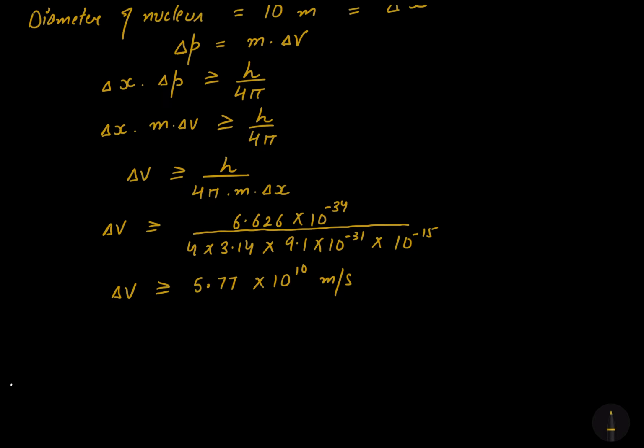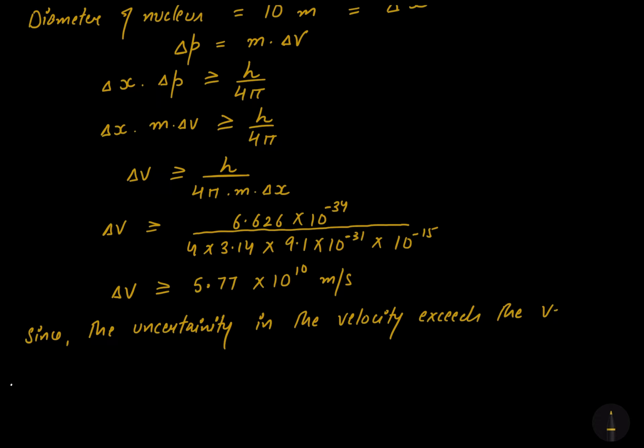So here I am writing, since the uncertainty in the velocity exceeds the velocity of light, which is not possible, because in the universe the highest speed is of light.